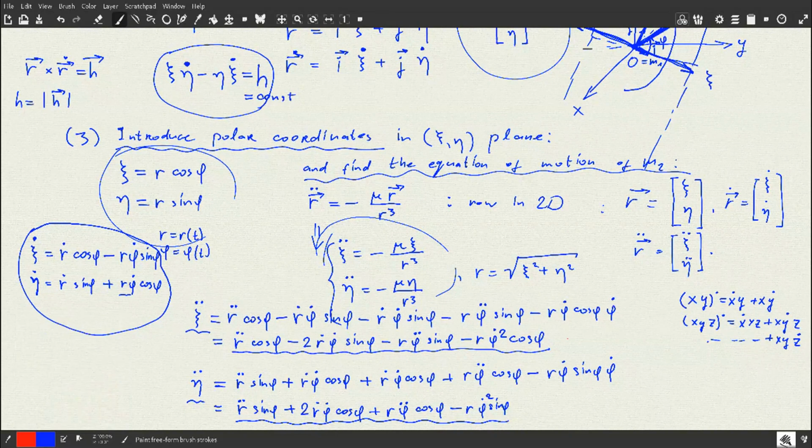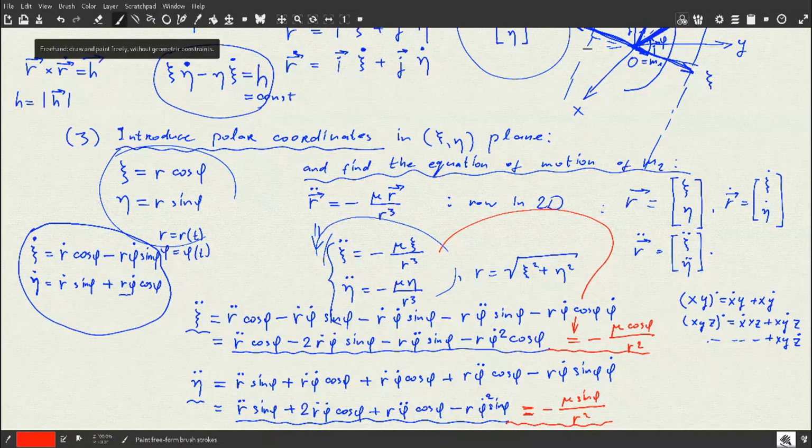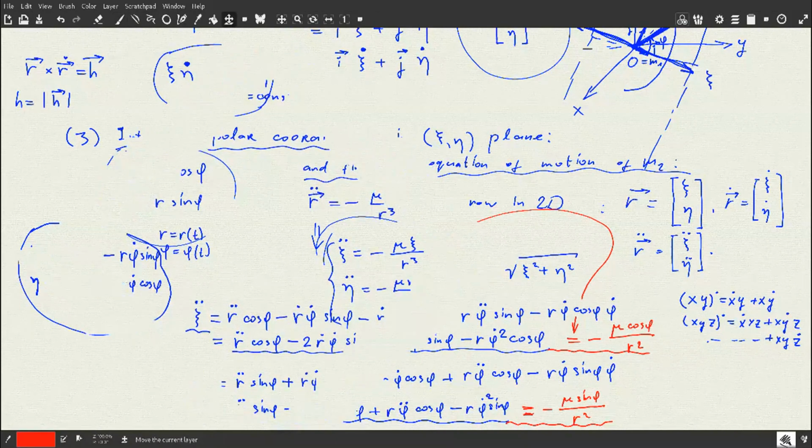We can say that at the same time, from here, it is equal to minus mu cosine phi over r squared, and this one is equal to minus mu sine phi over r squared. Let's stop and look at what we got.